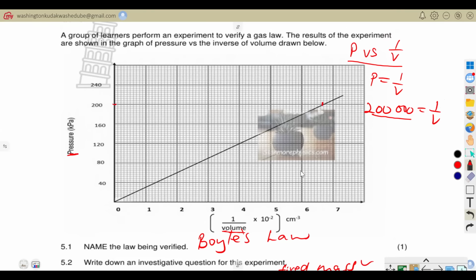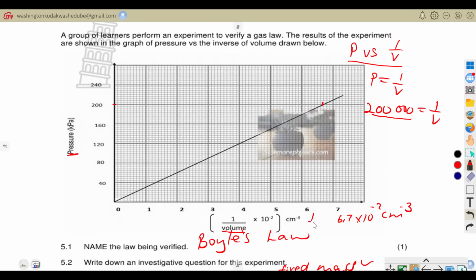If this is the value, I can see that these are 10 boxes. If 10 boxes are representing 1 unit, I have to count how many boxes I have here. 1, 2, 3, 4, 5, 6, 7. So I'm at 6.7 times 10 to the power minus 2 per cubic centimeter.